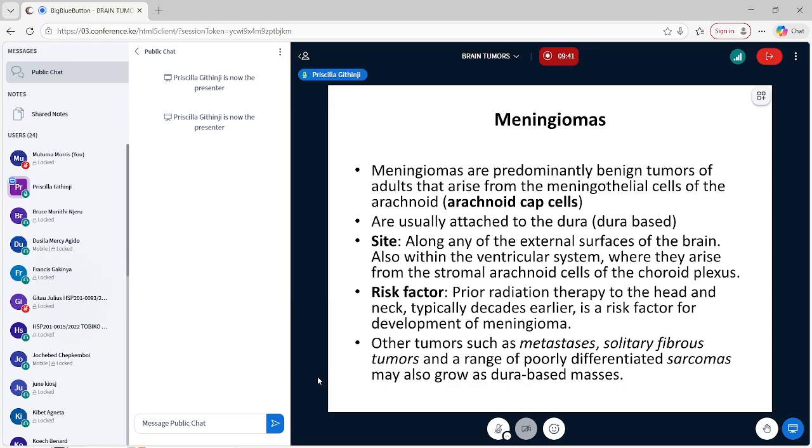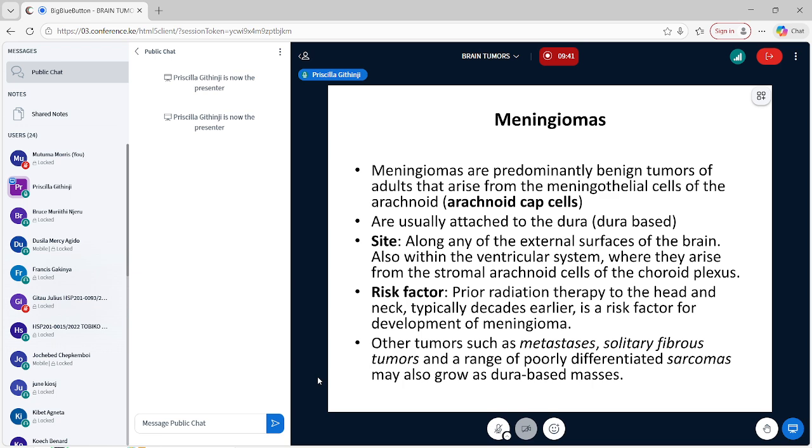The most common cytogenetic abnormality associated with meningiomas is the loss or deletion of chromosome 22, especially the long arm of chromosome 22. And this is because it harbors the NF2 gene, and this loss increases your chances of forming meningiomas. Of the sporadic meningiomas, 50 to 60% harbor mutations in the NF2 gene, and these tumors can also become high grade.